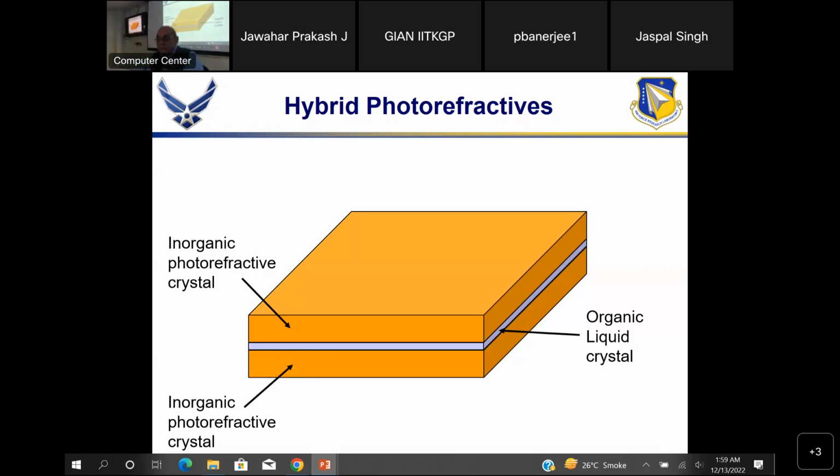So a few volts causes a change of refractive index or birefringence of like 0.1, right? But the thing is, it's kind of slow. But if you can couple both of them together, you can use the electric field that's generated in the photorefractive material to modulate the birefringence of the liquid crystal, then you can do something better.